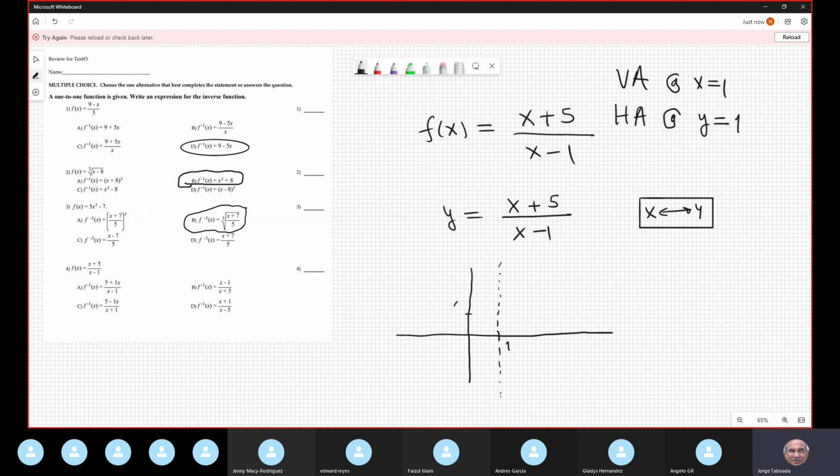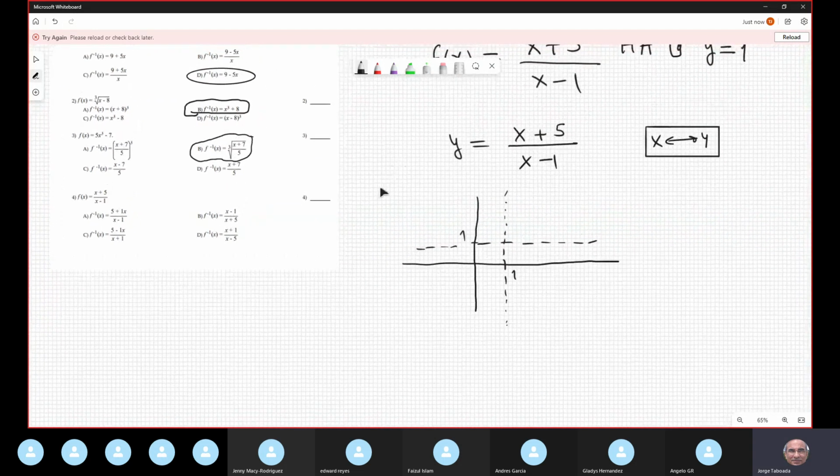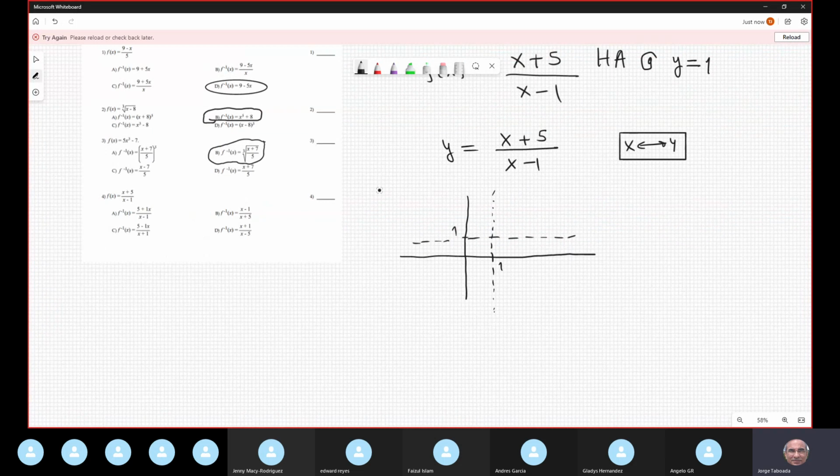This is 1, this is 1. It's a coincidence. And this is very, very similar to the graph of the family of functions you know very well. What is the reciprocal function?